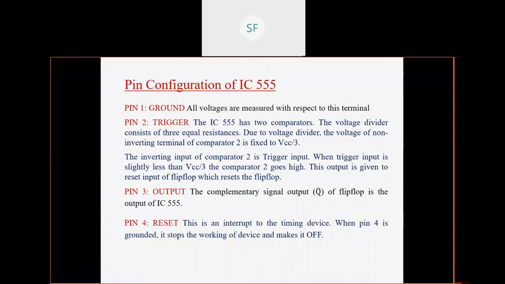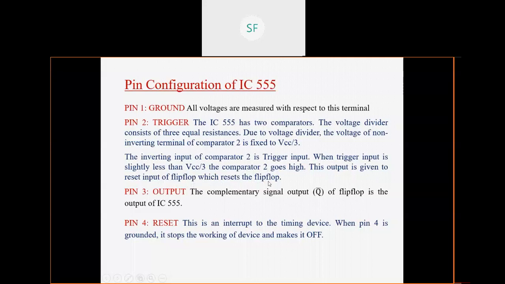So we will again go to pin number 2, that is trigger. Just now we discussed that the inverting input of comparator 2 is the trigger input, and when the trigger input is slightly less than VCC by 3, the comparator 2 output will become high. This output is given to the reset input of the flip-flop, which will reset the flip-flop.